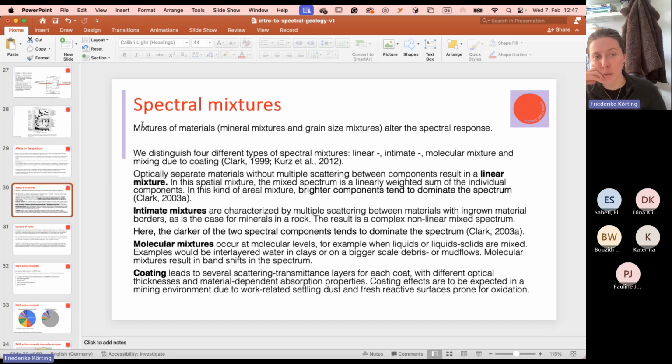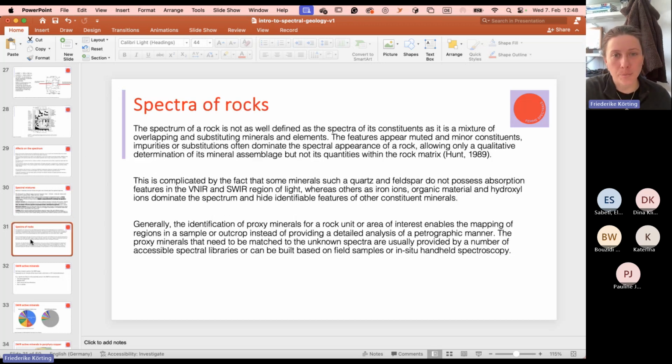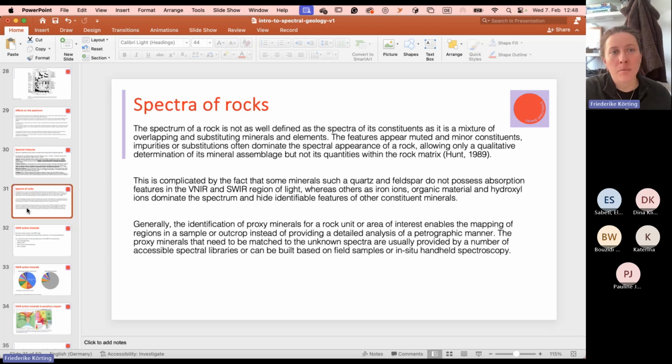If we have a coating like a desert varnish or something like that, that's exactly what we will see. So we need to be more aware of what we're actually measuring and how it could be a proxy for what's lying underneath. Again, that's why alteration is a big topic, to figure out the surface alteration and how that relates to what's underneath, and modeling based on that.